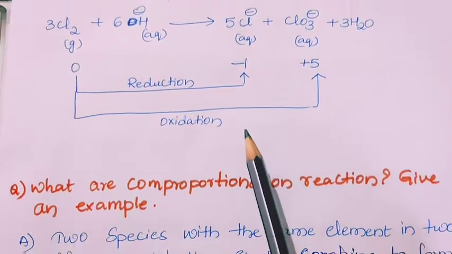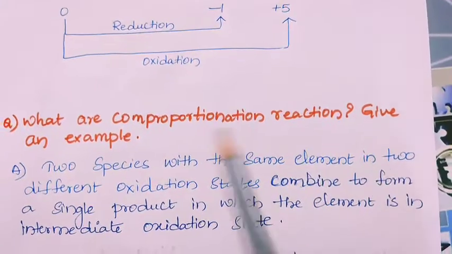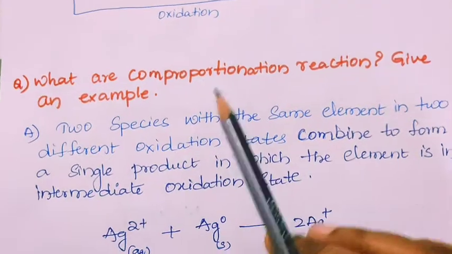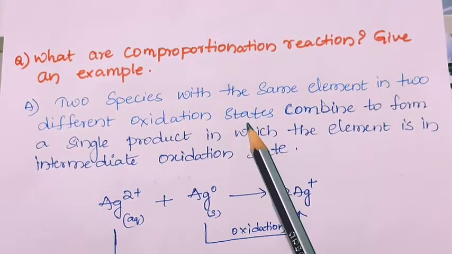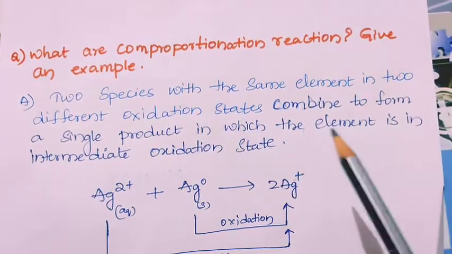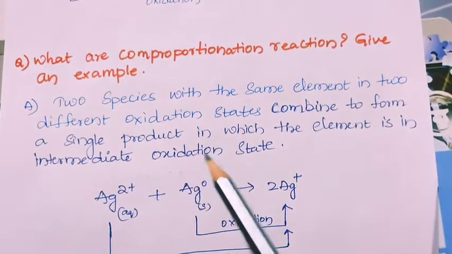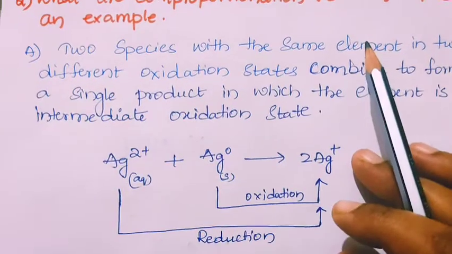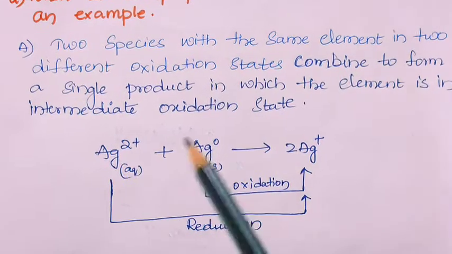Next we will see what are comproportionation reactions. Give an example. Here two species with the same element in two different oxidation states combine to form a single product in which the element is in an intermediate oxidation state. So here we see the same element with two different oxidation states.